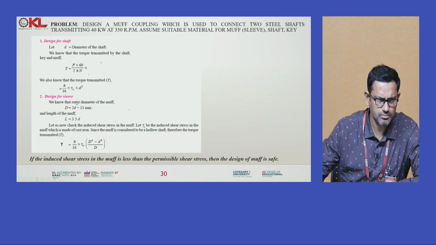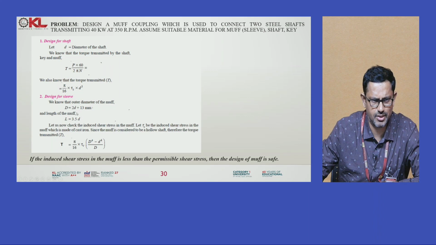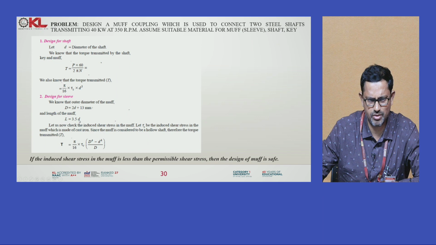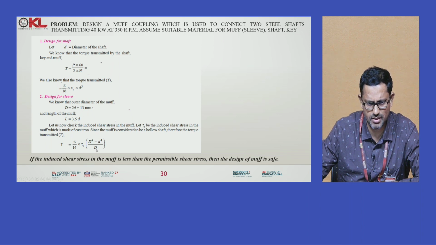Now coming to the design for the sleeve. First, we have to calculate the outer diameter of the muff. Capital D is equal to 2d plus 13, and the length of the muff is 3.5 times the diameter. Since shear stress will be induced in the sleeve, we have to calculate that shear stress. Twisting moment is equal to pi by 16 into tau into these values, where capital D is 2d plus 13 and small d is the diameter of the shaft.